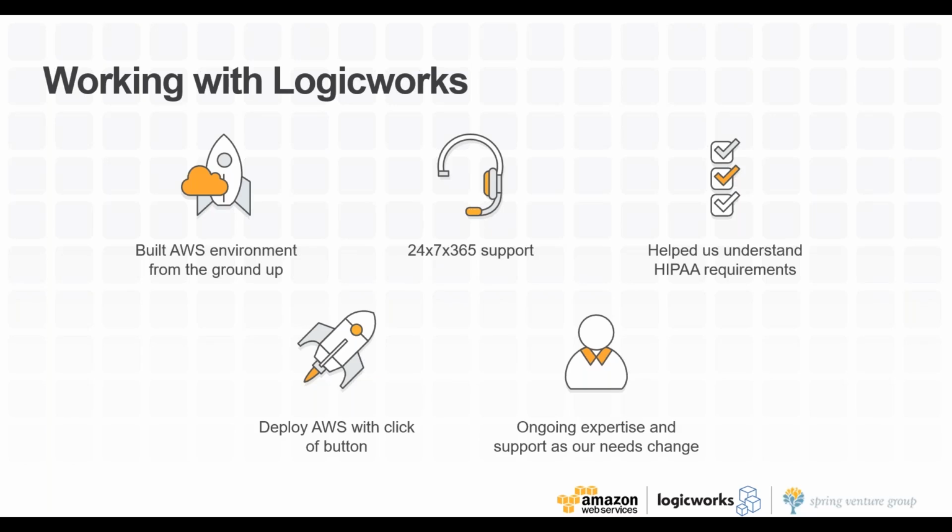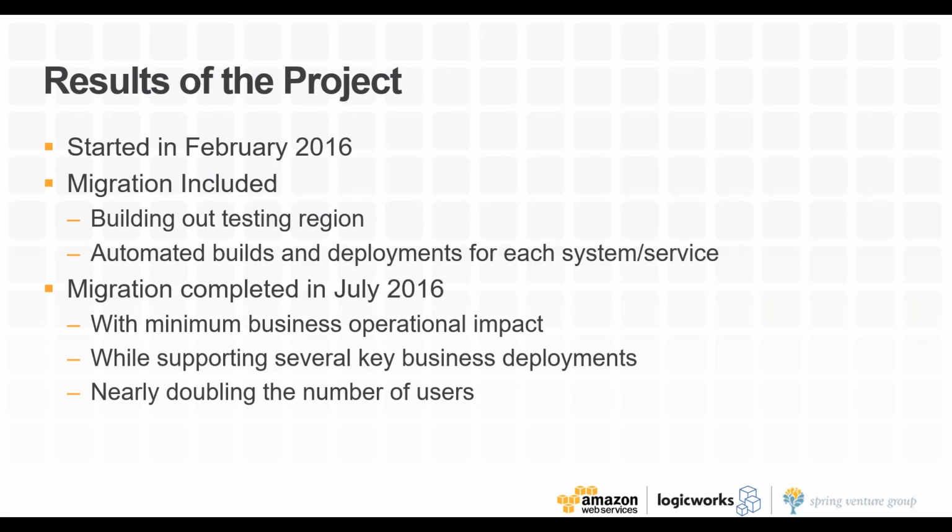So to begin to wrap up and talk about the results of our project overall, we started our migration effort in February of 2016, last year. The whole migration took about 5 months. Most of that time was us working through building out our continuous integration and continuous deployment stack and really refining that over time.